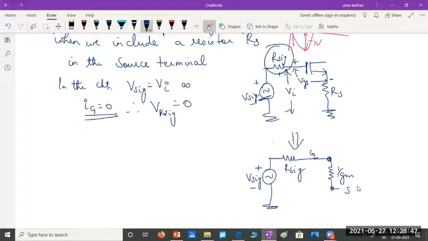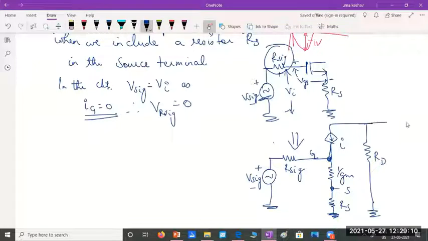So this is the source terminal, and from the source terminal to ground, I have the resistance Rs. And in the drain, I will have the dependent current source as before, right? And this is where you will have the resistance RD. I'm writing the complete equivalent circuit.